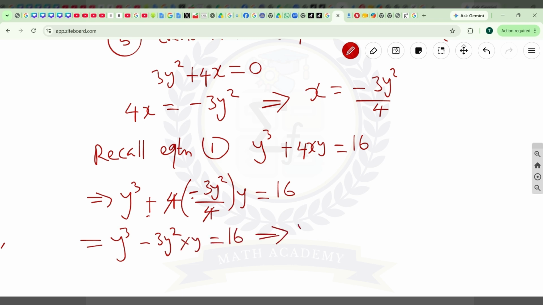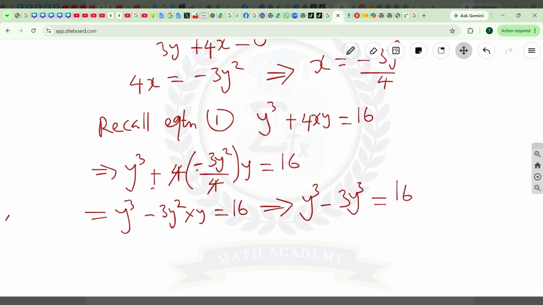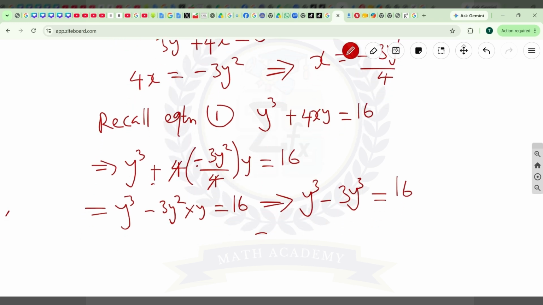And this is the same thing as saying y cubed minus 3y cubed is equal to 16. This simply means negative 2y cubed is equal to 16.